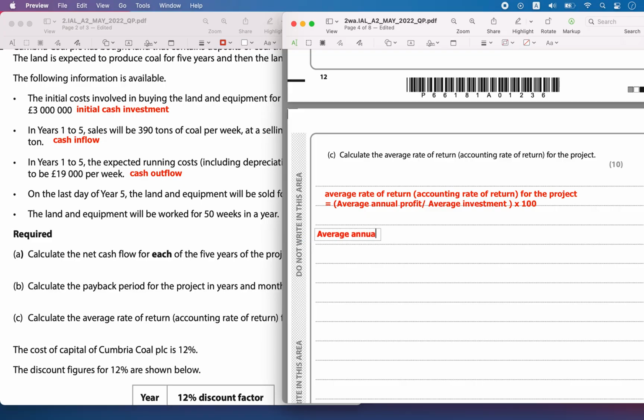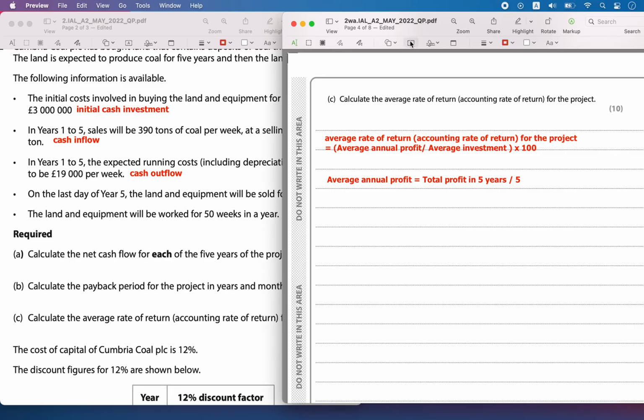So average annual profit is the profit that is going to be generated every year, and then you divide it by the number of years you are running this project, say 5 years. You calculate the total profit earned in 5 years divided by 5.